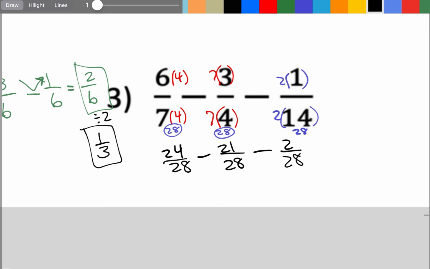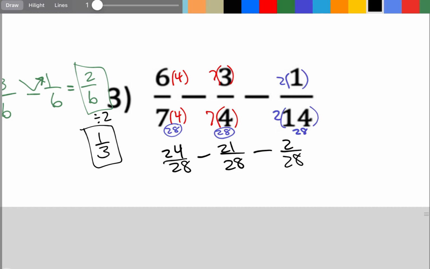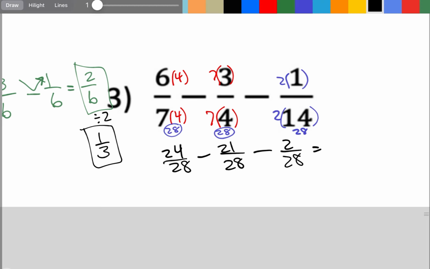So in my calculator, the only thing I'm focused on is 24 minus 21, which is 3. 3 minus 2 is equal to 1. 1 over 28. And you know that's simplified. No GCF for 1s.